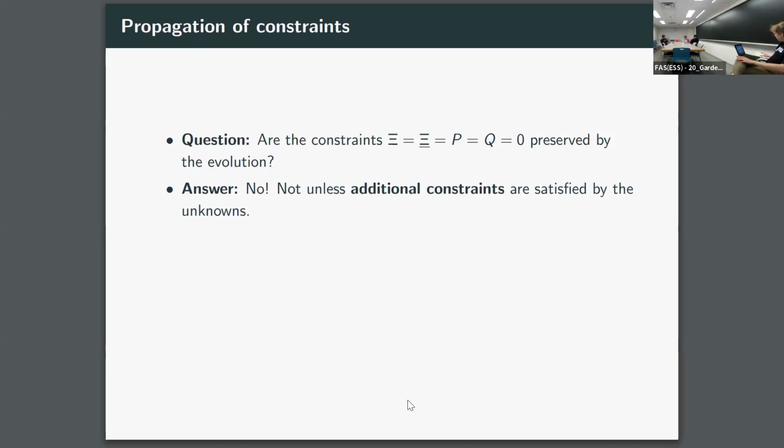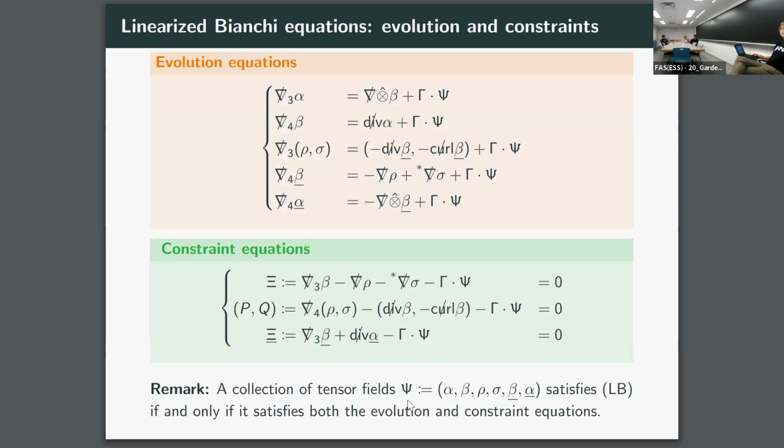So just a quick recap here. I'm trying to solve the Bianchi equations, by which I mean the linearized Bianchi equations. I've recast them into an initial value formulation here, a characteristic initial value formulation. And I need to satisfy both the constraints, and then I need to evolve them and hope that the constraints are still satisfied.